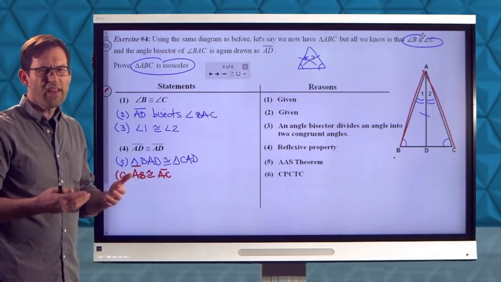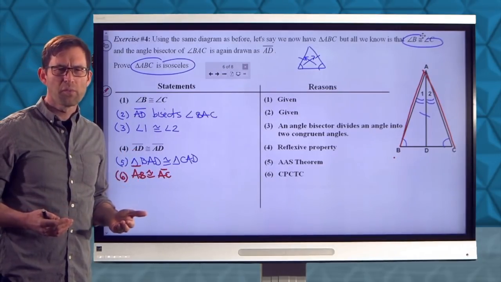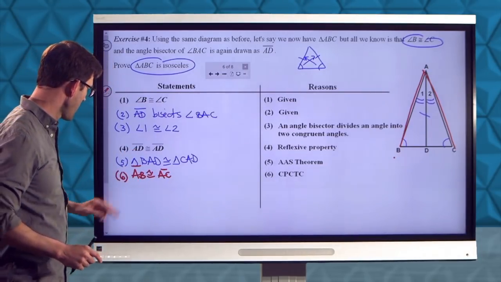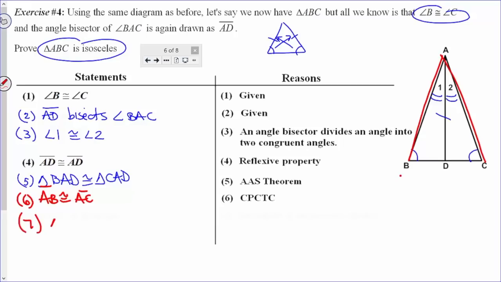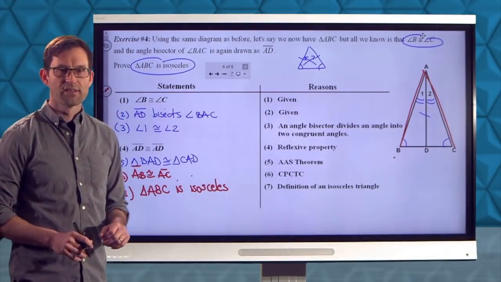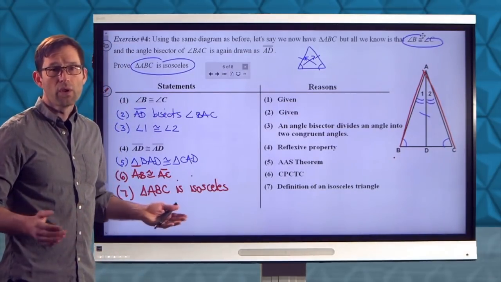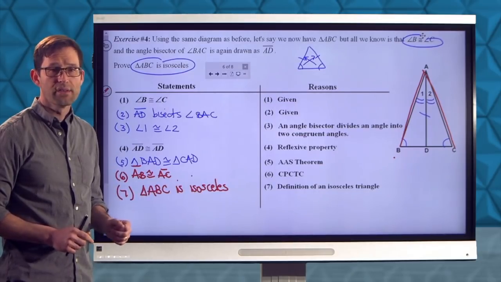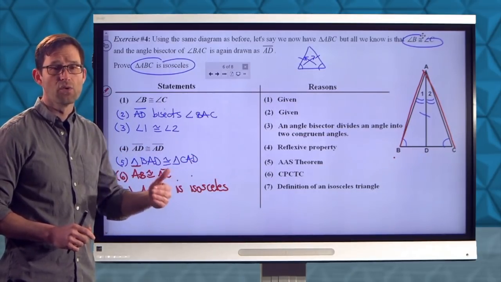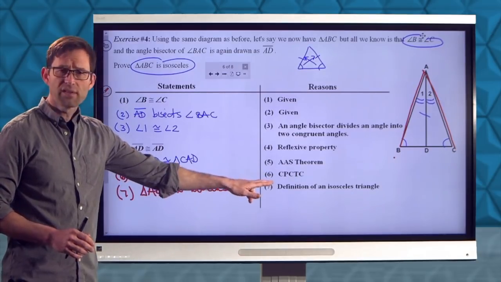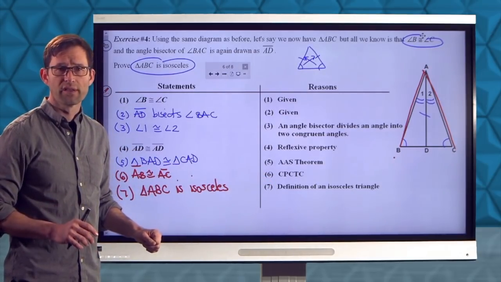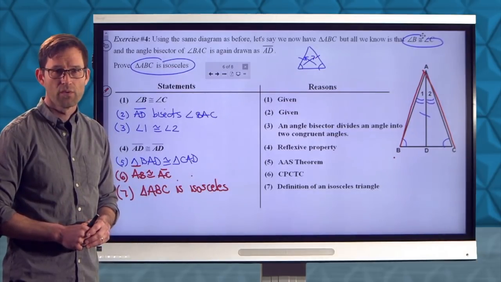And finally, because we really haven't quite finished what we were supposed to do, triangle ABC is isosceles. Why? Because of the definition of an isosceles triangle. Again, we could say, well, why is ABC isosceles? Because any triangle that has at least two congruent sides is isosceles. But here I think saying the definition of an isosceles triangle is perfectly acceptable. It fits that definition.